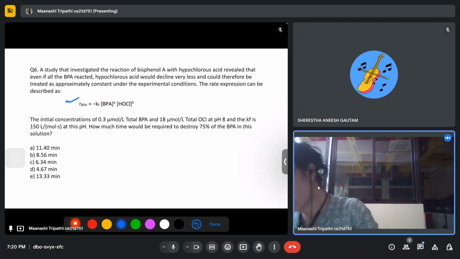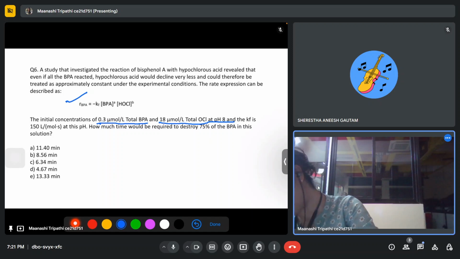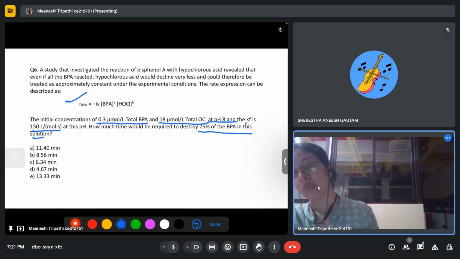The initial concentration is 0.3 micromole per liter total BPA and 18 micromole per liter total OCl at pH 8, and the KF, the rate of formation, is 150 liter per mole per second at this pH. How much time would be required to destroy 75% of BPA in the solution? So this is a reactor 1 question.